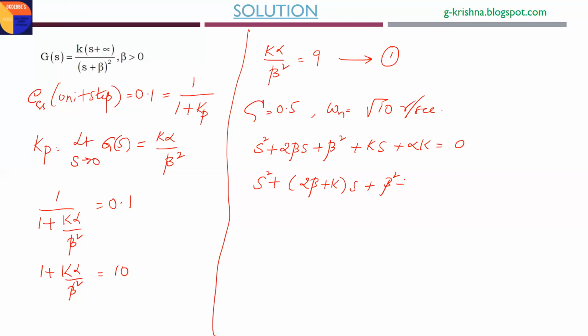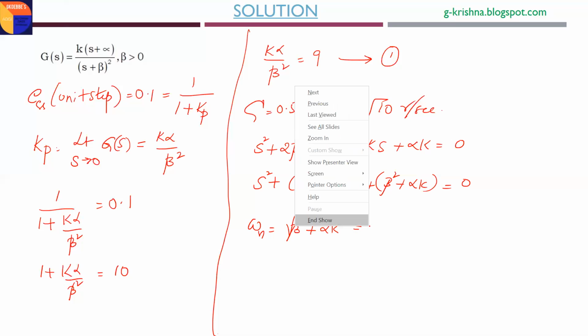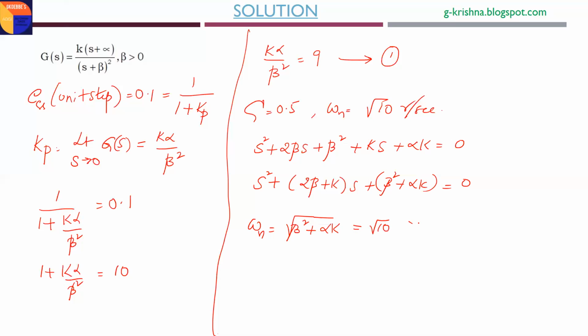Now, comparing this with the standard second order system characteristic equation, the undamped natural frequency is root of beta square plus alpha K, which is given as √10. From here, beta square plus alpha K equals 10. Let it be equation number 2.